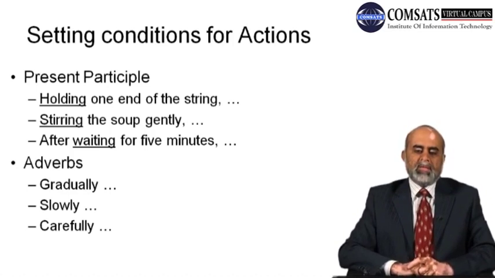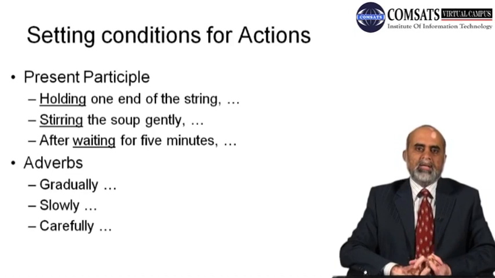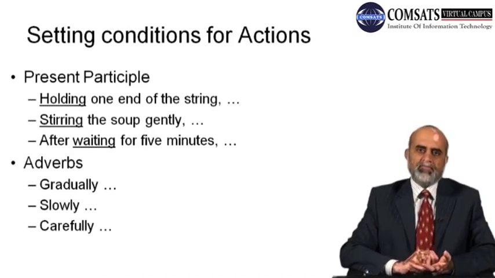Like you can say holding one end of the string, give a knot, or you can use any other action verb along with it, but holding one end of the string could be a condition. So our condition actually starts with the present participle, which is holding. Holding your pen tight, right in the box.